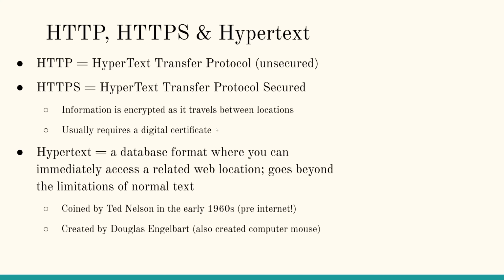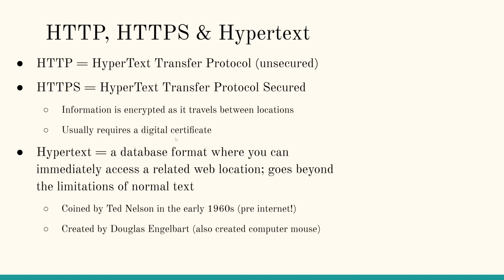So this second version is the more common one nowadays. That's the preferred method of hypertext transfer protocol. And also, it usually requires a digital certificate on the part of the group hosting the website or the server or what have you.